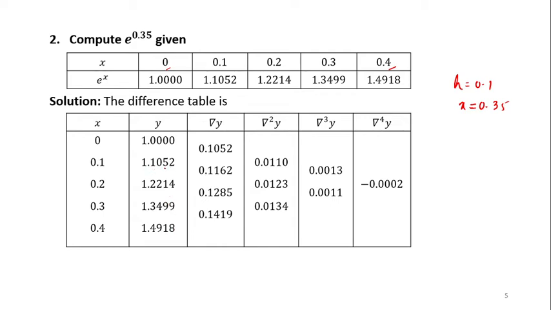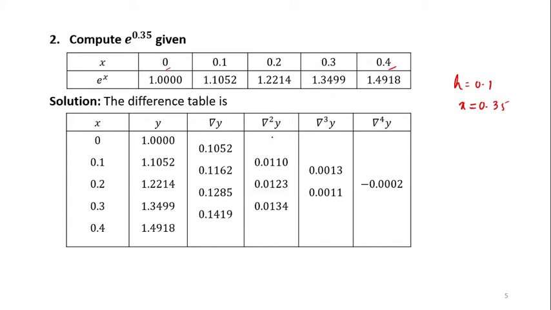So 1.1052 minus 1 is 0.1052. 1.2214 minus 1.1052 is 0.1162. 1.3499 minus 1.2214 is 0.1285. 1.4918 minus 1.3499 is 0.1419.